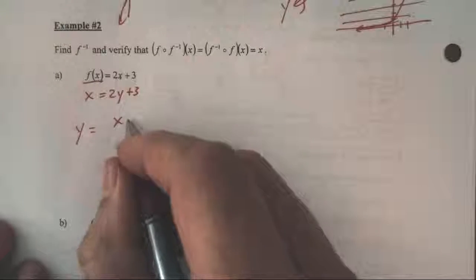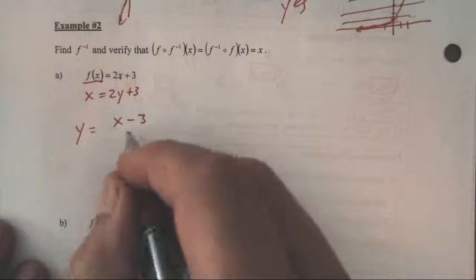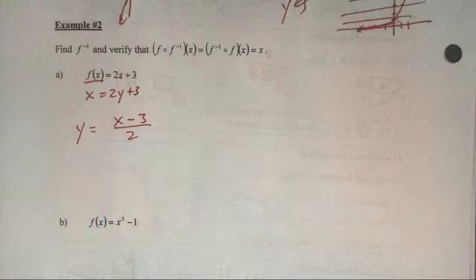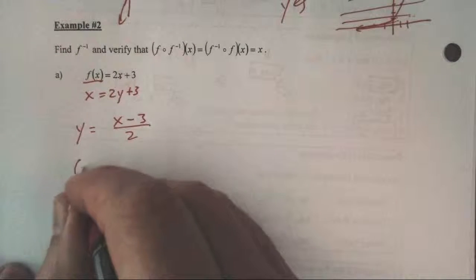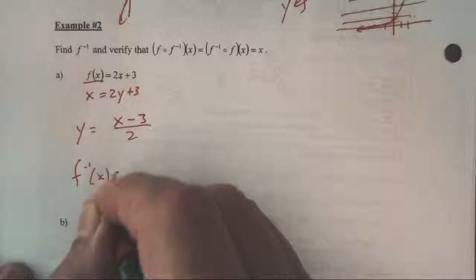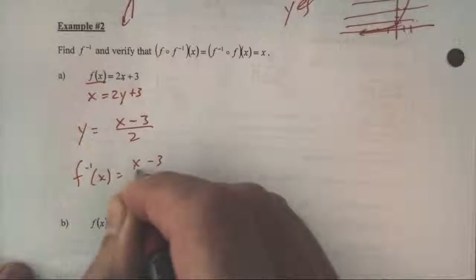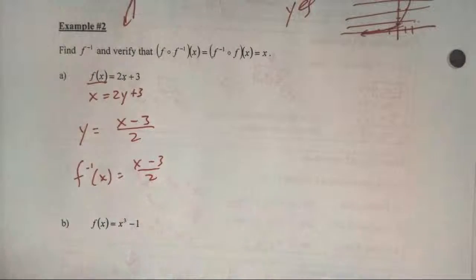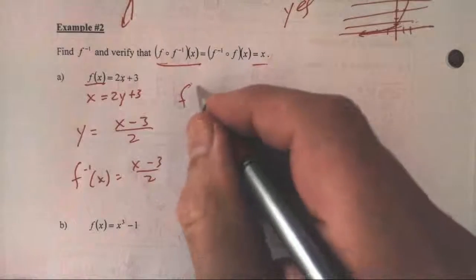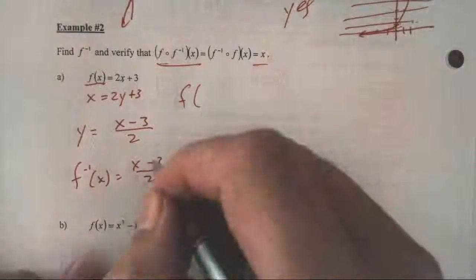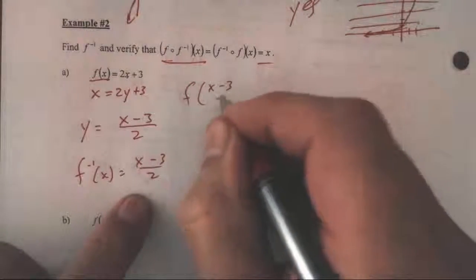I would subtract 3. I would divide by 2. There's solve for y. Therefore, f inverse of x is (x minus 3) on 2. And then we're to show that f of f inverse of x equals x. So that is f of f inverse. F inverse is (x minus 3) on 2.